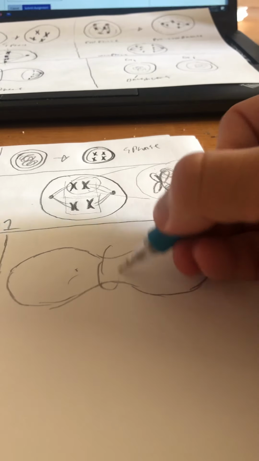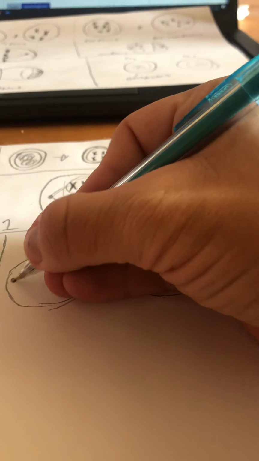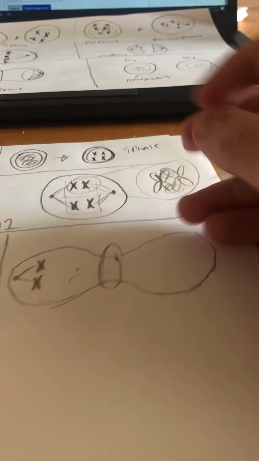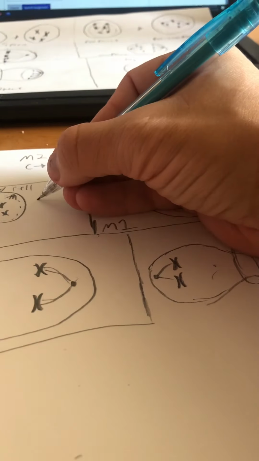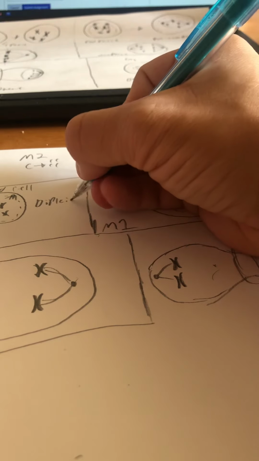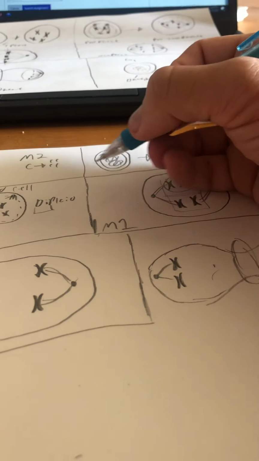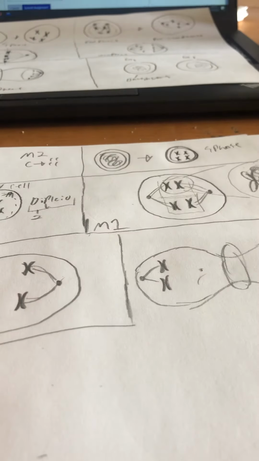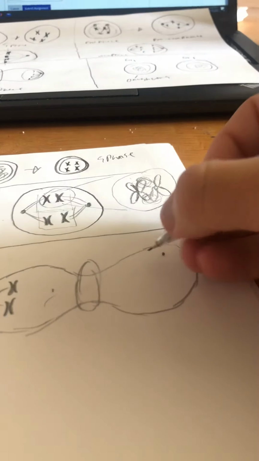Here you see the little cleavage furrow. And you have your chromosomes. Now, here you start out with a diploid cell. You have that di, meaning 2. Your diploid. Now you have 2 haploid cells.